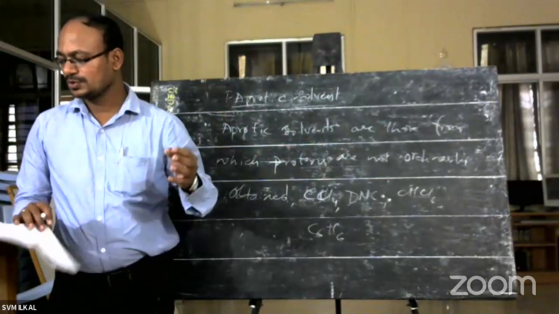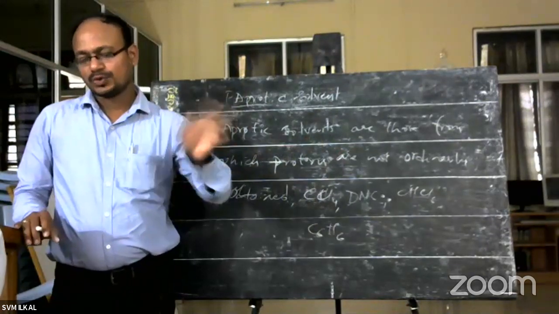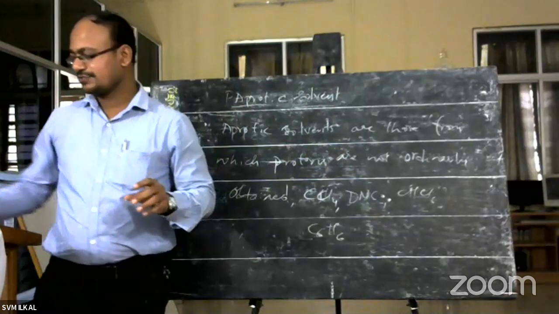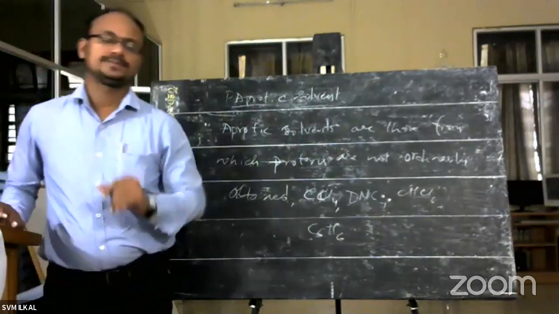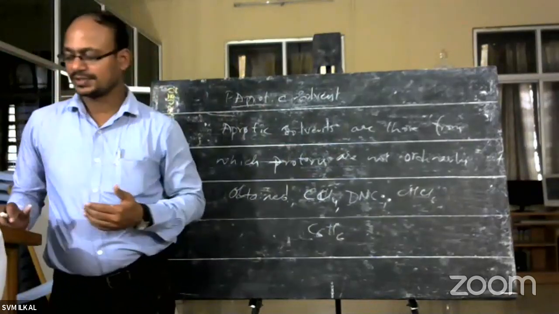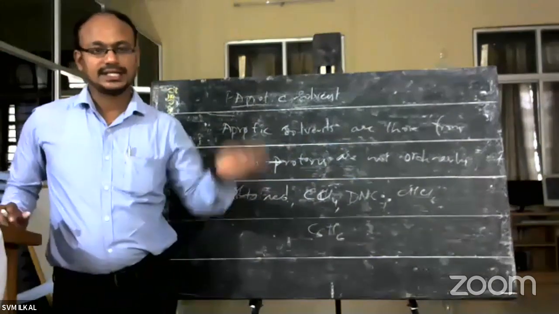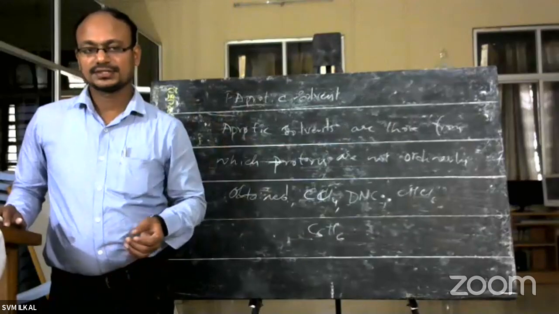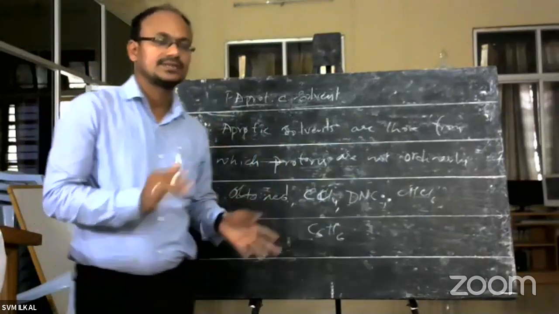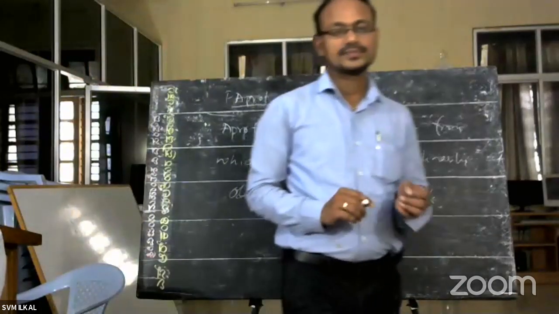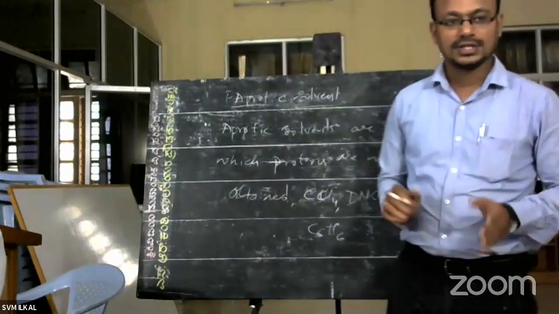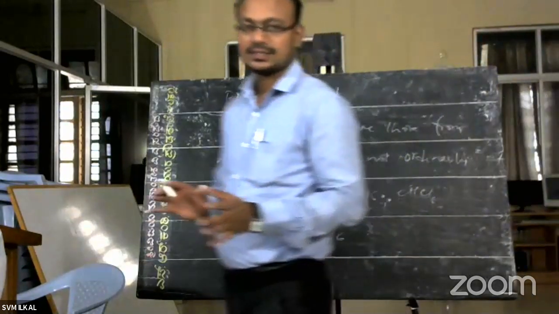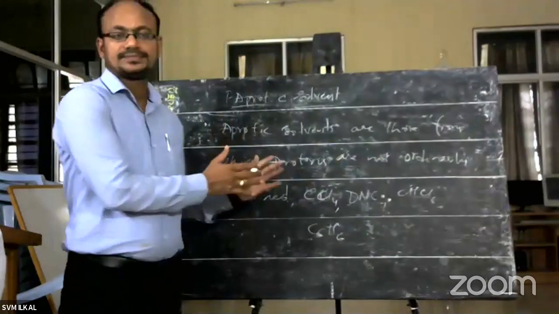Then we talked about the Bronsted theory classification of the solvent, under which we studied the acidic solvent, basic solvent, amphoteric solvent, and finally the protic as well as the aprotic solvent. Clear?